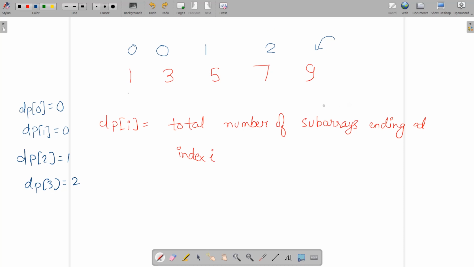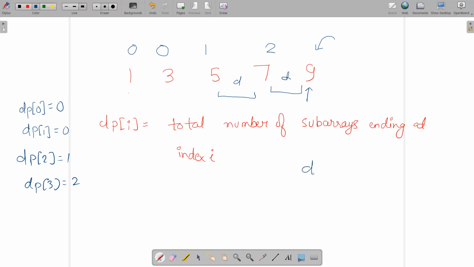Now we need to find total number of subarrays ending at this position. So we are going to check the difference of consecutive elements just before the current index, which is 9 minus 7 and 7 minus 5. And if it is same, you can see these are the same values, d and d, which is 2.